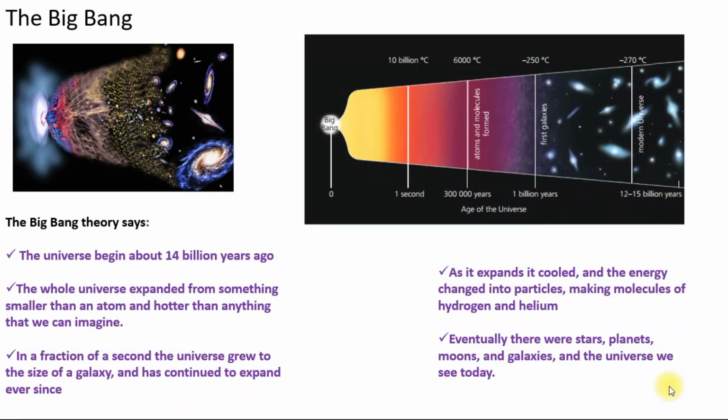That is, it's hotter than anything that you can imagine. In a fraction of a second, the universe grew to the size of a galaxy and has continued to expand ever since. As it expands, it cools off, and energy gradually transforms to particles like hydrogen and helium. These particles combine to form the stars or galaxies that we have.